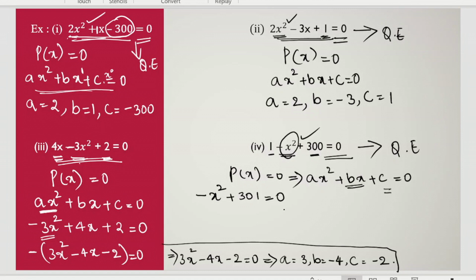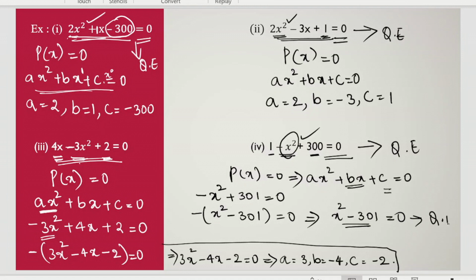Again take minus common, which gives x square minus 301 is equal to 0. So you will get x square minus 301 is equal to 0. So this is our required quadratic equation.